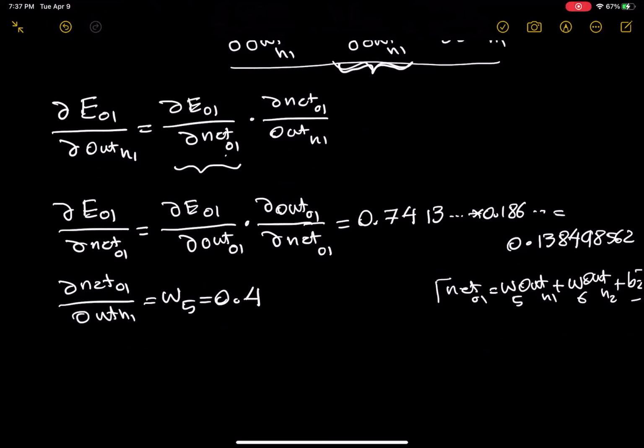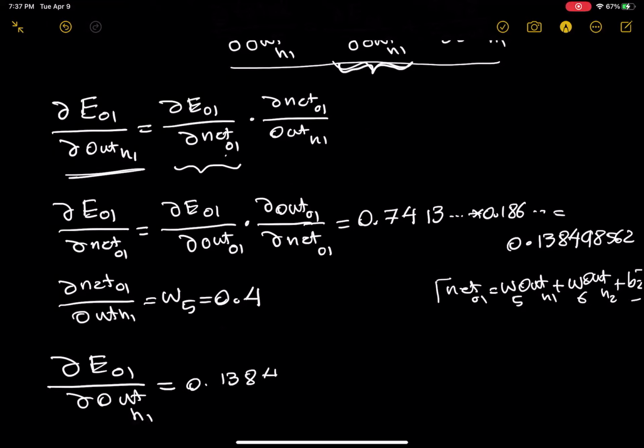I can calculate E1 with respect to out of H1, which is this guy. I can say E of O1 divided by out of H1 equals 0.138498, the rest, multiplied by 0.4, that would give me 0.0553999425.